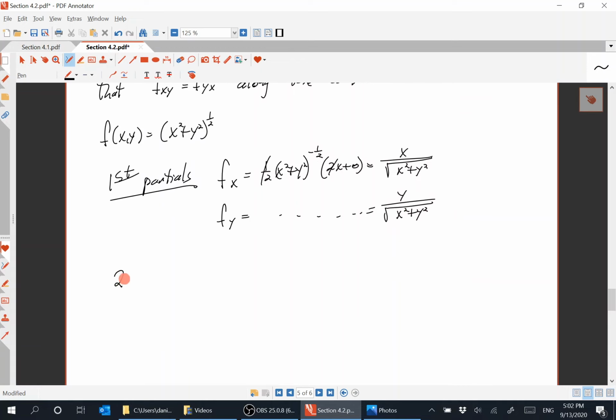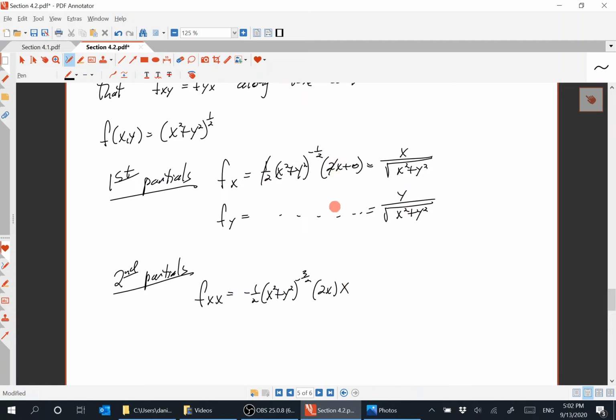The second partials, well, you can do fxx. So take the partial derivative of this with respect to x. Right? So this is negative 1/2 times x squared plus y squared to the negative 3/2, right, times the derivative of the inside, which is 2x, times x.